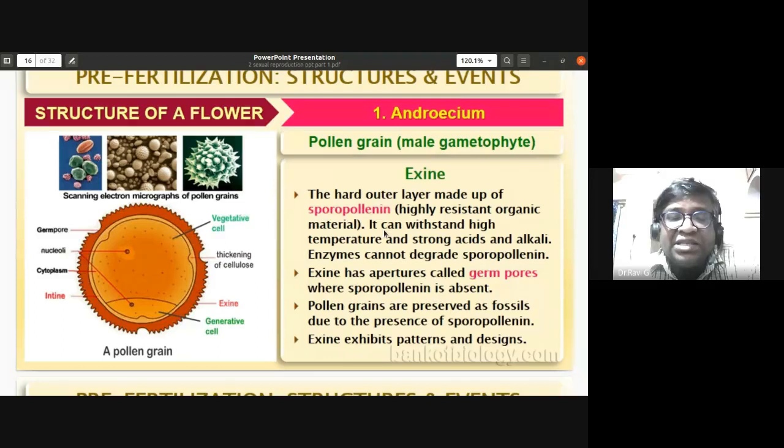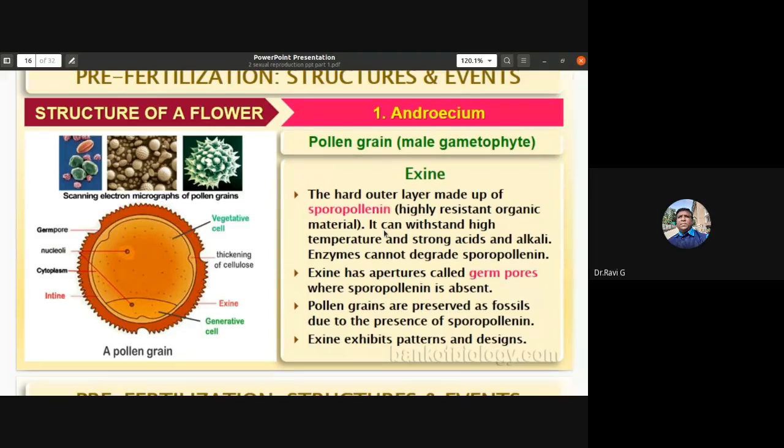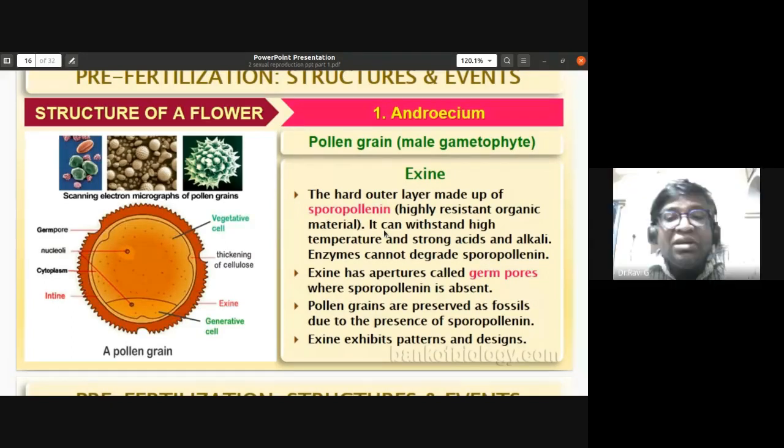So exine is the hard outermost layer of the pollen grain, chemically made up of sporopollenin, a highly resistant organic material. This makes the pollen grain withstand high temperature, strong acids and alkali. No enzyme can degrade sporopollenin.